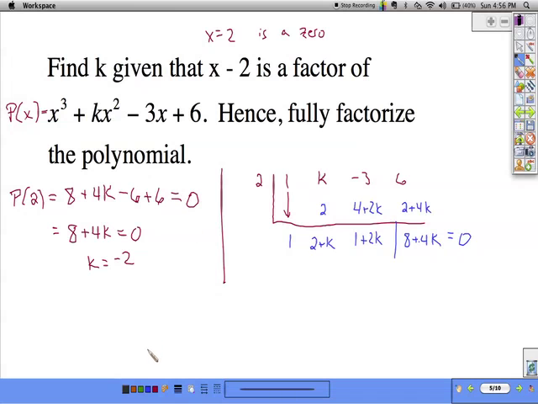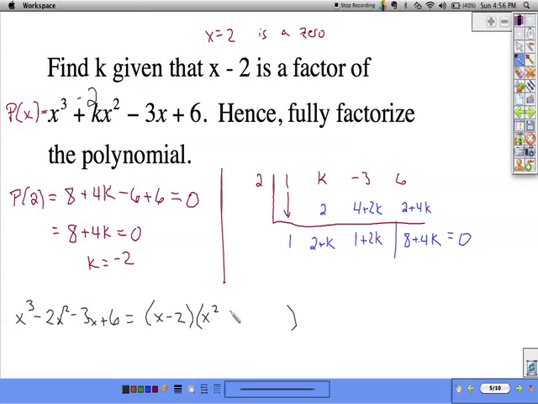So what I now know is I know k, that's nice. I know that k is negative 2. So x cubed minus 2x squared minus 3x plus 6 is going to equal x minus 2 times some quadratic factor.